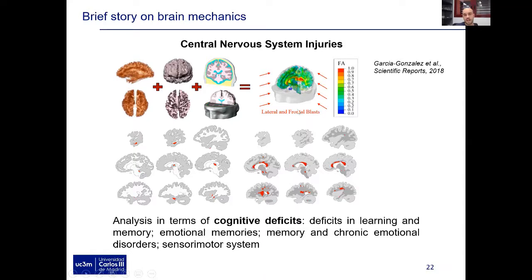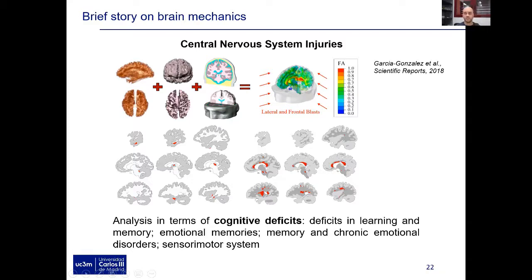And then we tested some numerical blast scenarios and discovered that, with this approach and threshold, the damaged regions are going to be somewhere here. With some neurologists, we analyzed that this is quite related to deficits in learning and memory, emotional memories, or even sensory motor systems.